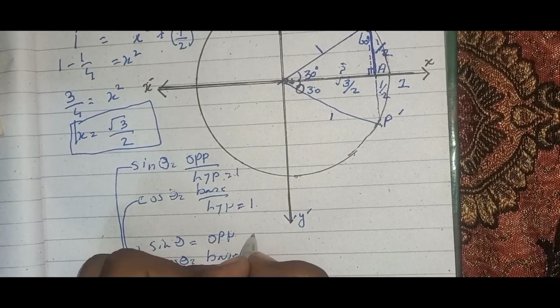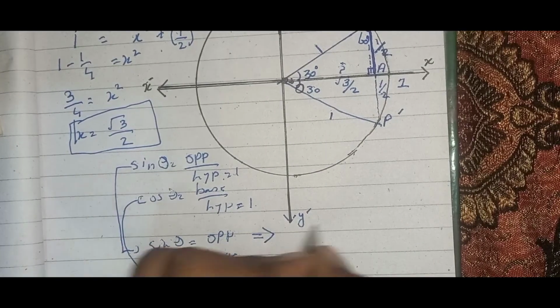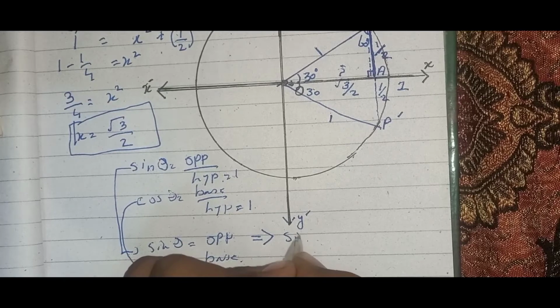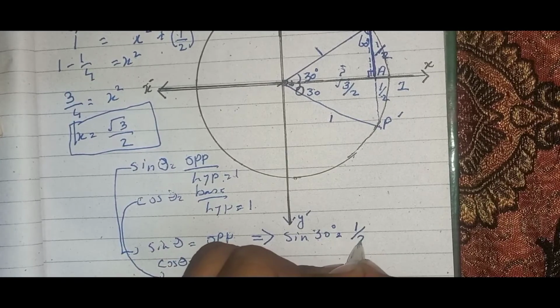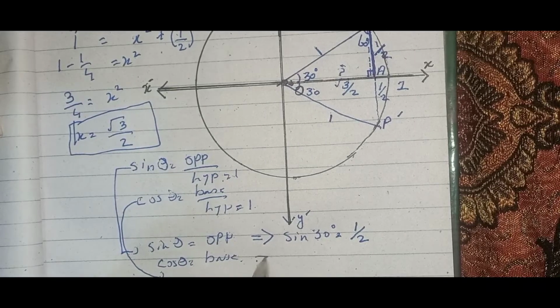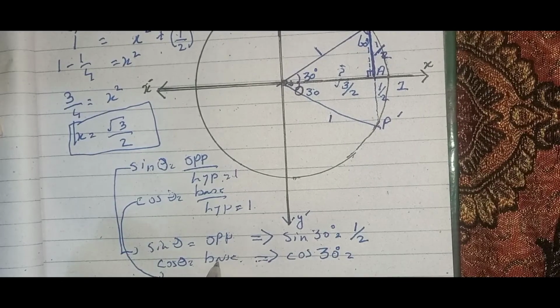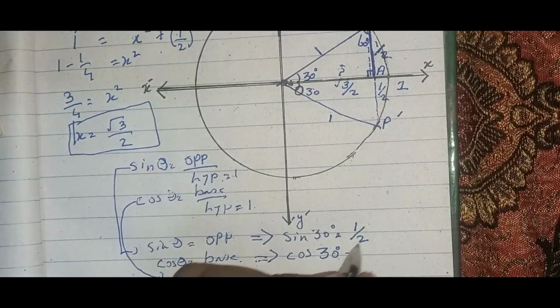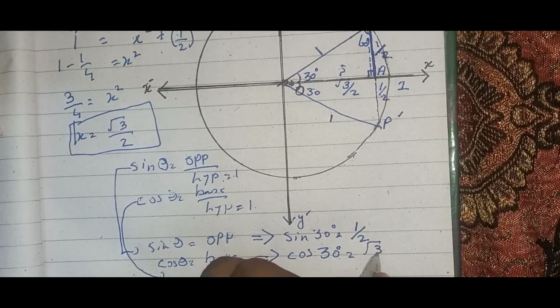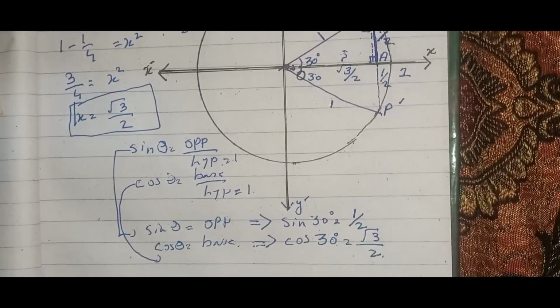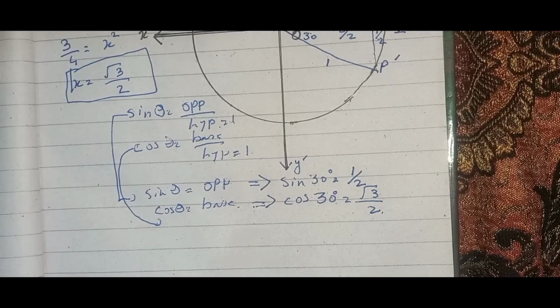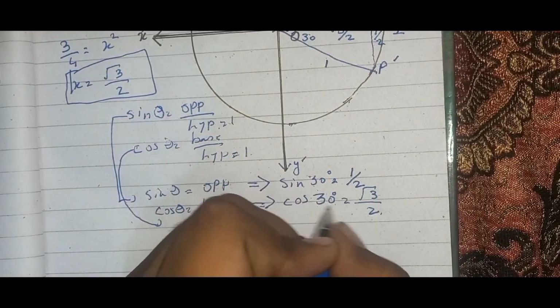So we conclude from the result that sine of 30 degree equals opposite, which is equal to 1/2, and cos of 30 degree equals base, which is square root 3/2. So these are our values for sin 30 degree and cos 30 degree.